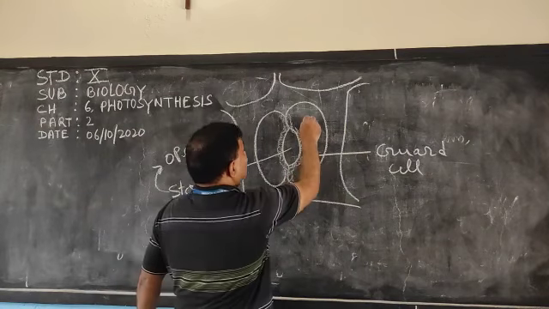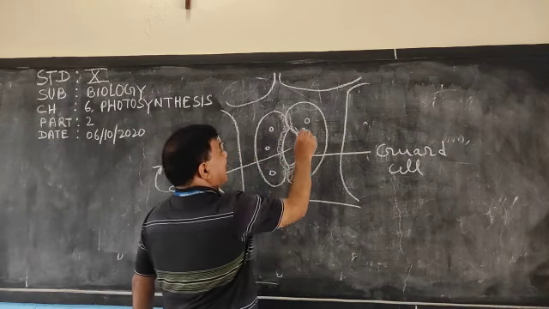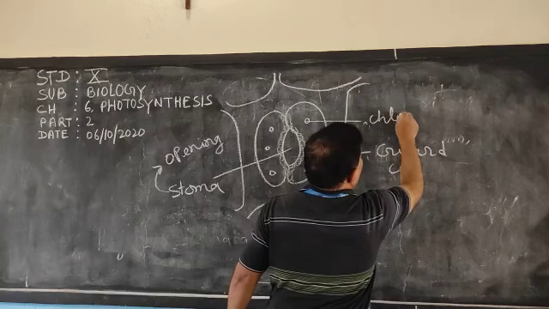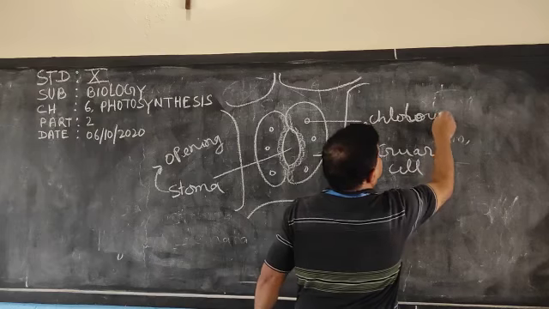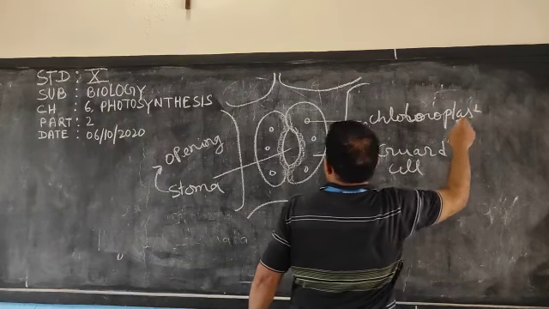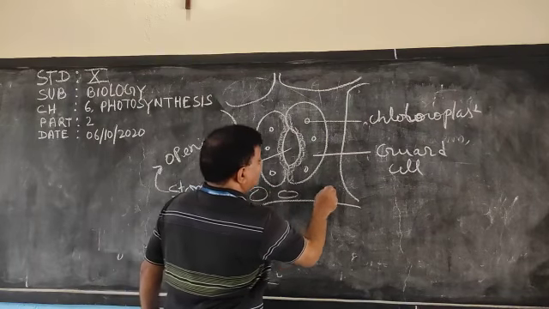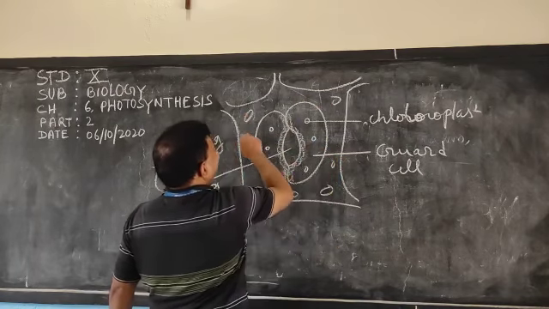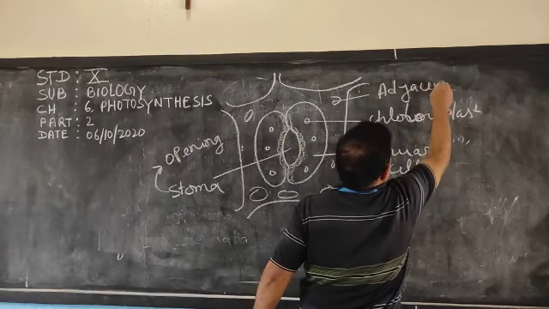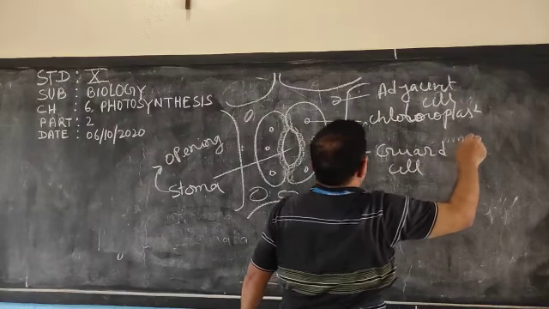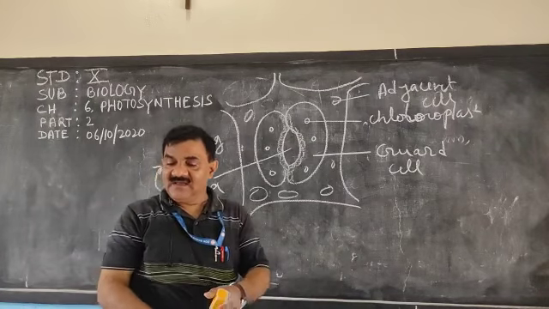And the guard cell also contains chloroplast, which means chloroplasts are present inside the guard cell too. And these here are the epidermal cells or adjacent cells. So the diagram we have understood, and it is the diagram of an open stomata.